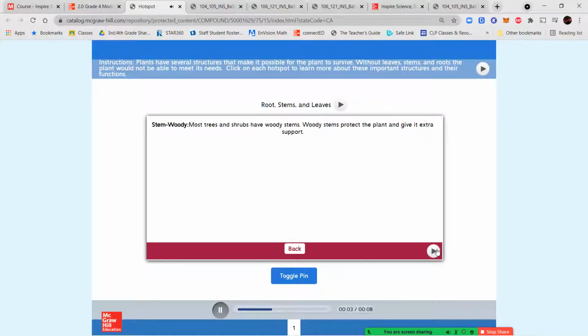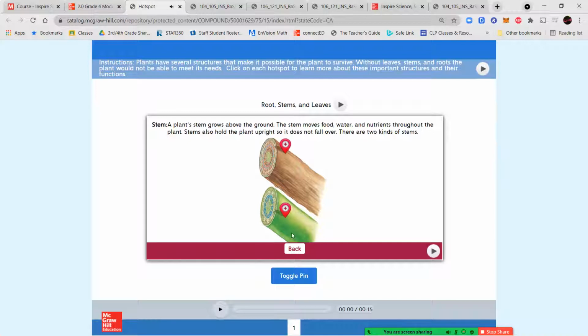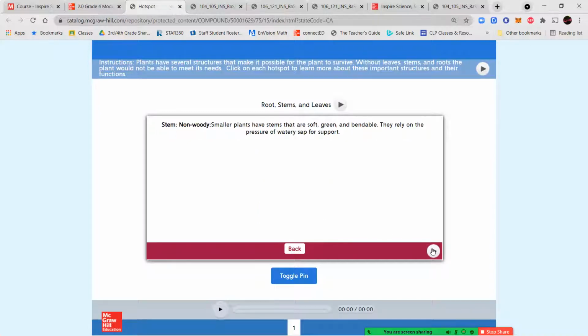Most trees and shrubs have woody stems. Woody stems protect the plant and give it extra support. Stem, non-woody. Smaller plants have stems that are soft, green, and bendable. They rely on the pressure of watery sap for support.